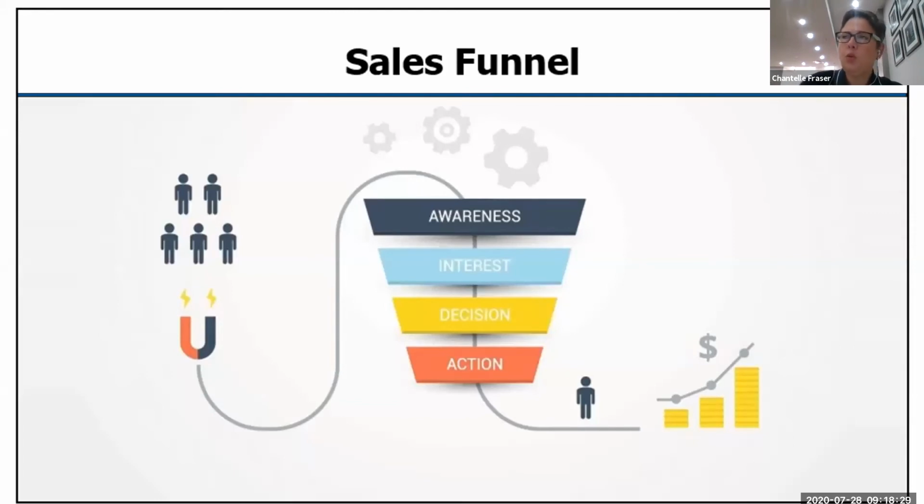So getting more people into the top of the funnel has always been the best approach, and obviously it's about finding the right lead or customer personas. Then you want to move them down that funnel.